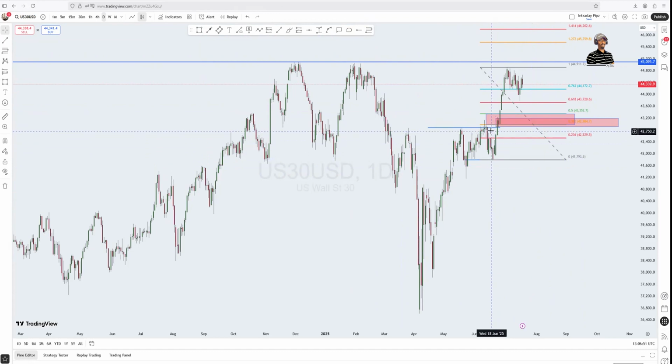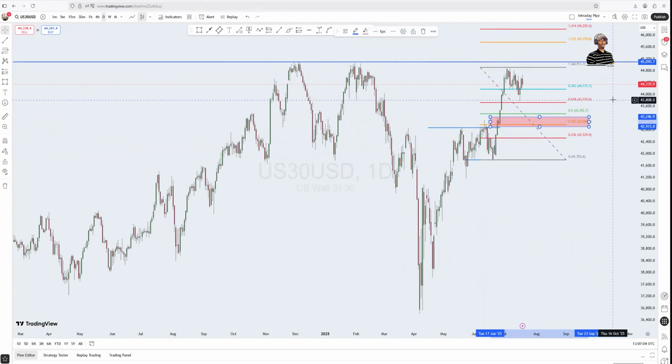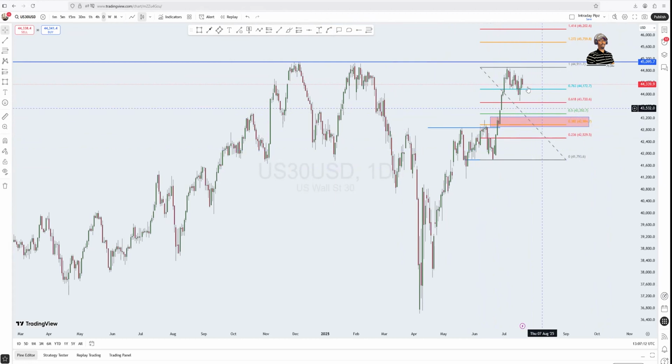So that leads us to what I call redefining. I'm going to redefine this zone by adjusting this area. This is basically a confluence of the Fib buy zone and the demand zone. This is where I'm looking for a correction down to, for price to push higher.